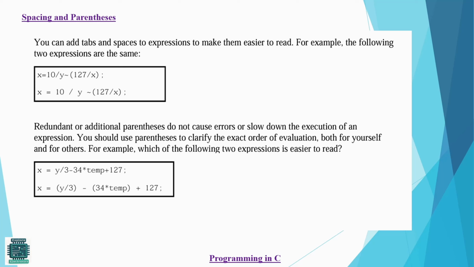Now the last thing is spacing and parentheses. You can add tabs and spaces to expressions to make them easier to read. For example, the following two expressions are the same, meaning spacing and parentheses can be added to make the program look easier to read. Here you can observe that nothing is changed, only one blank is left after each character or word. Both remain the same. That's what we call spacing.